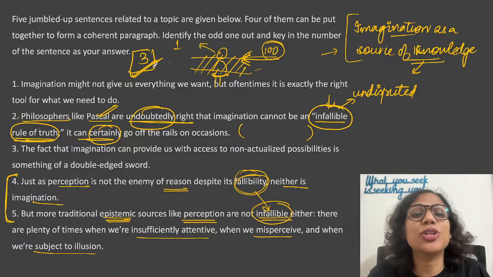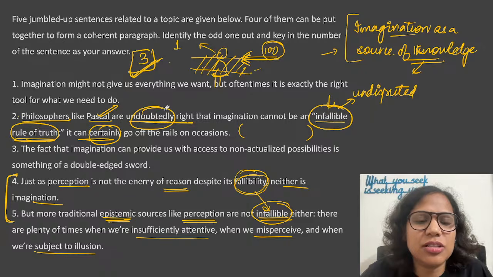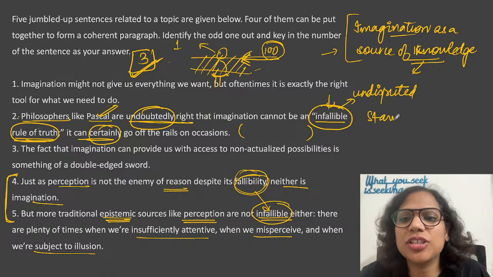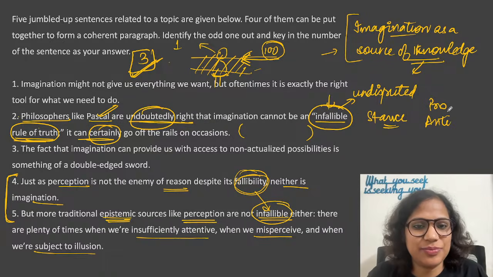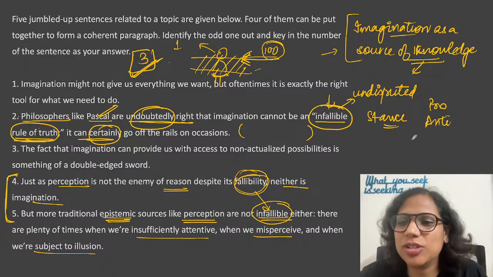3 is the odd one out here. Why? Please notice the tone or the stance of the author here. Is the author pro-imagination or is the author anti-imagination? Tell me. Is the author pro, is the author anti, or is the author simply, I don't care, neutral?